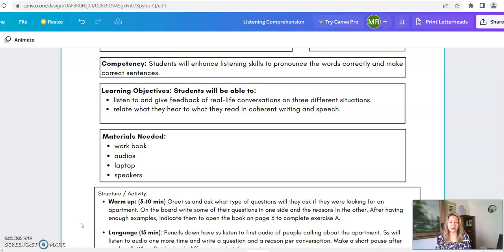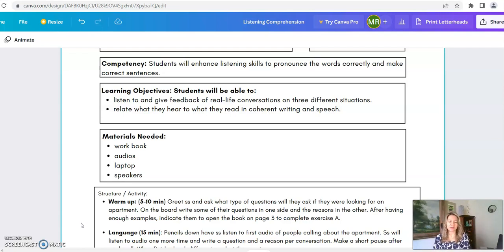Next, we have our objectives. Number 1, listen to and give feedback to real-life conversations on 3 different situations. Number 2, relate what they hear to what they read in coherent writing and speech.